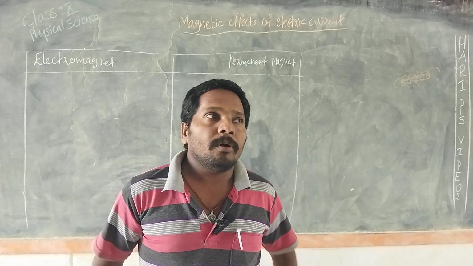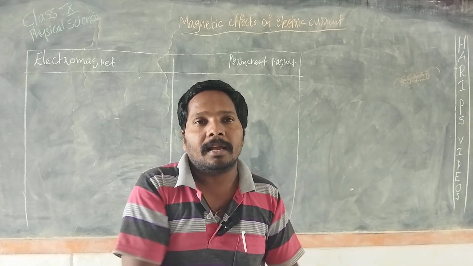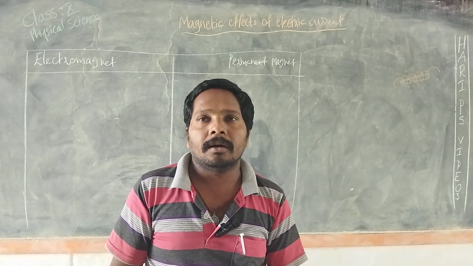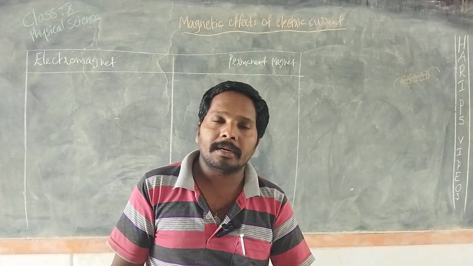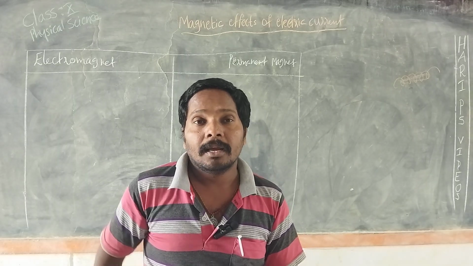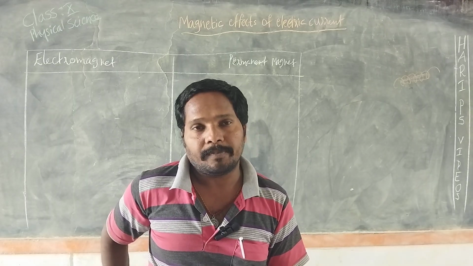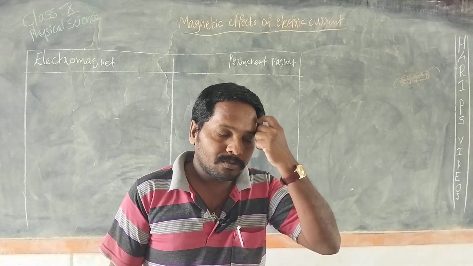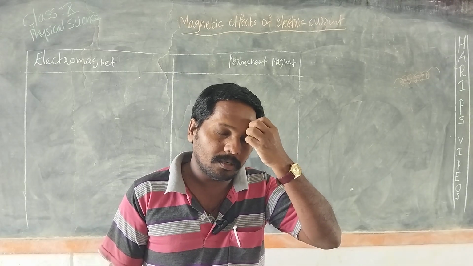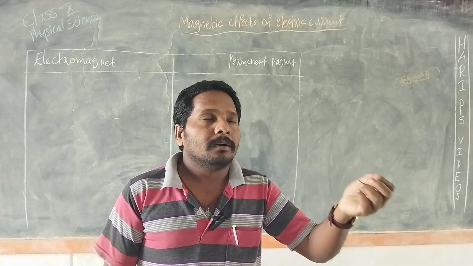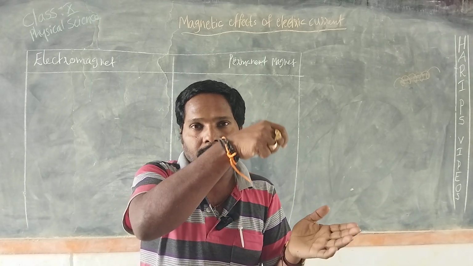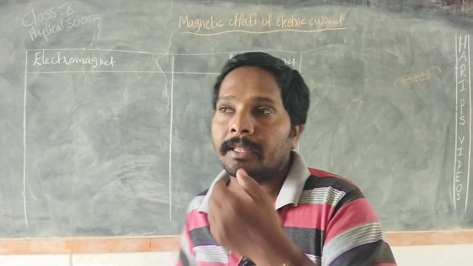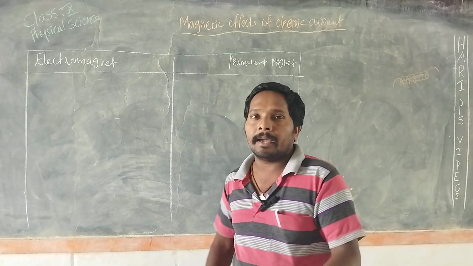In the previous classes we learned that we can make iron or many magnetic substances into magnets using different methods. Recall the process of rubbing an iron nail with a bar magnet.